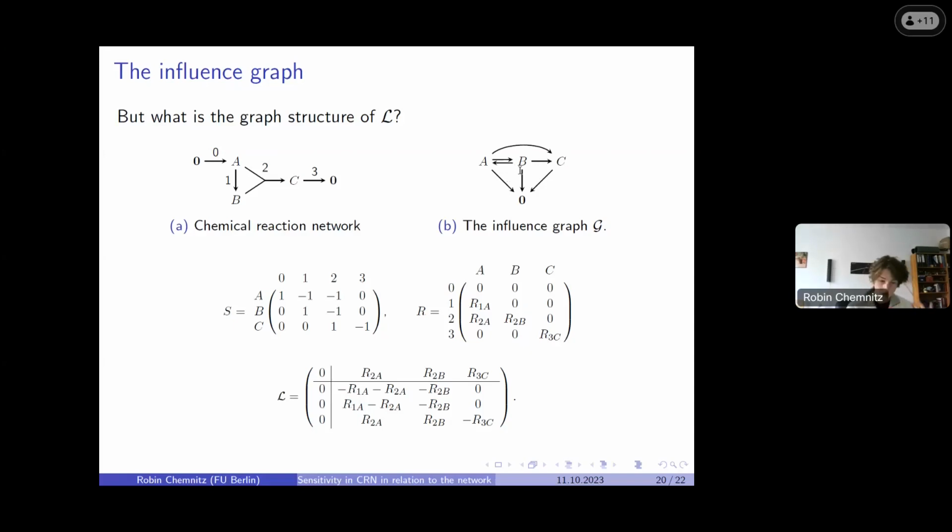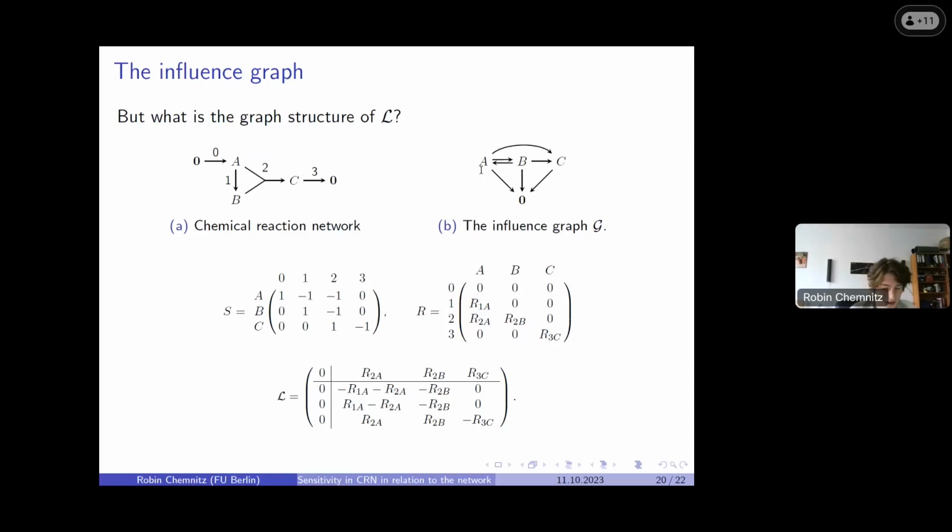And it is true, I did brush over this a little bit, because the time was running out. But there are a few rules which determine whether there is an edge in the influence graph.